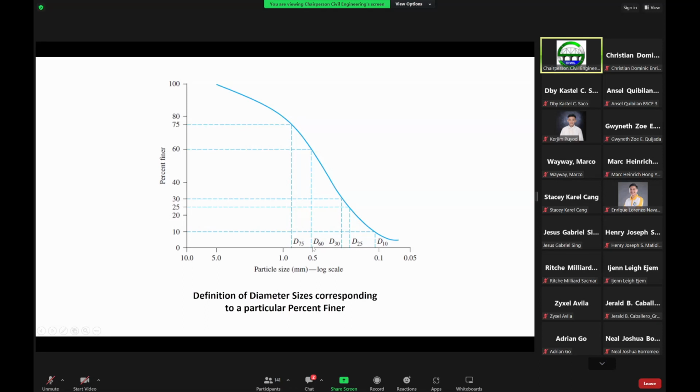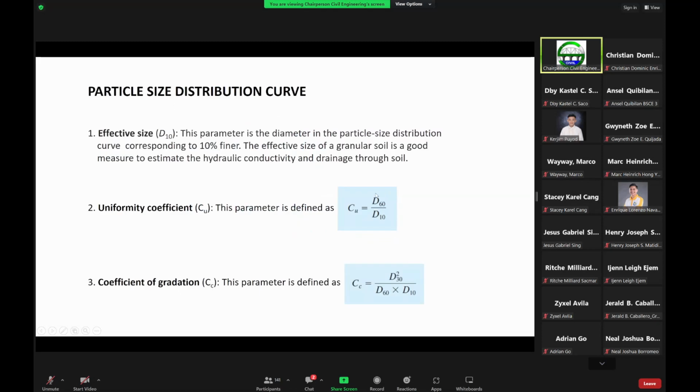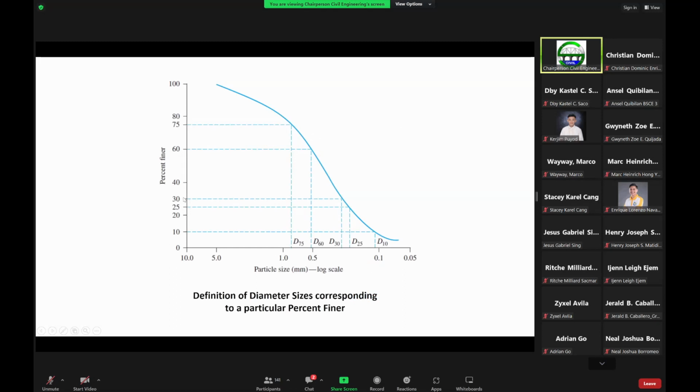So, for example, if the percent finer at 60% probably has a value of 0.5, then you can substitute 0.5 here in these formulas. Again, for D30, that's this one here. Project it, then project it down, and this is the value of D30.